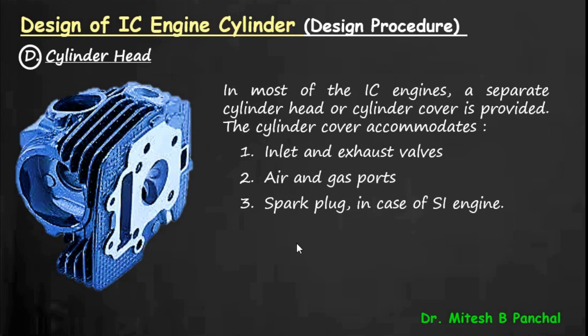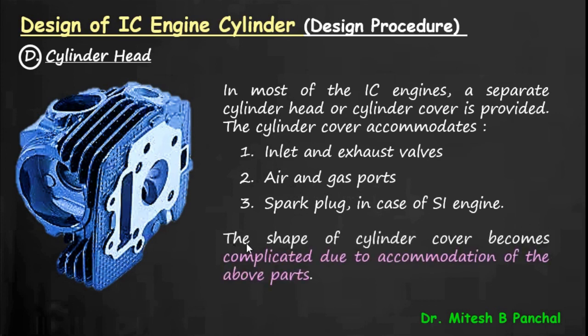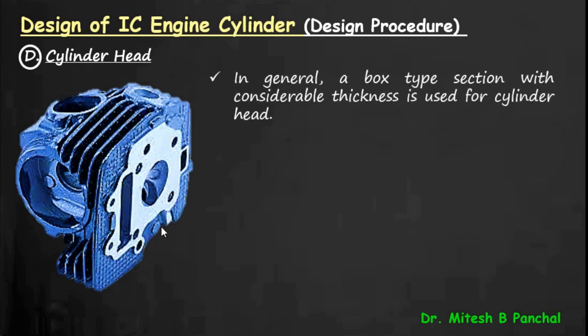So ultimately the shape of the cylinder cover becomes complicated due to the accommodation of these parts. So the overall design, or the configuration, of the cylinder head is complicated. So in general, a box type section with considerable thickness is used for the cylinder head.